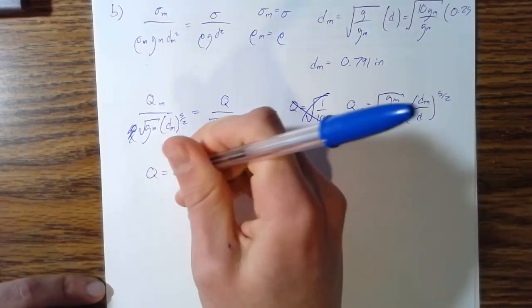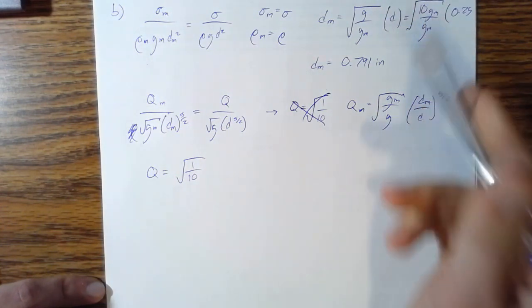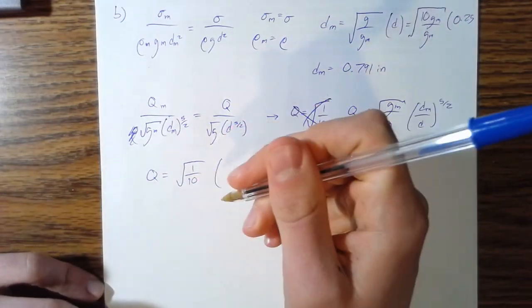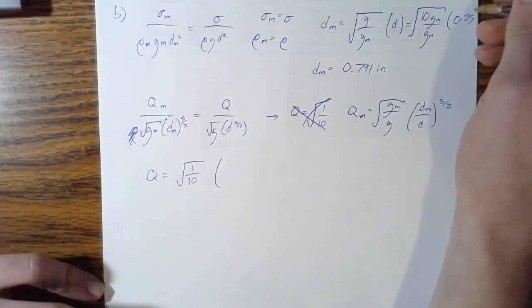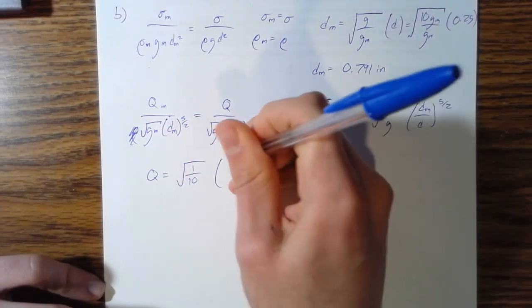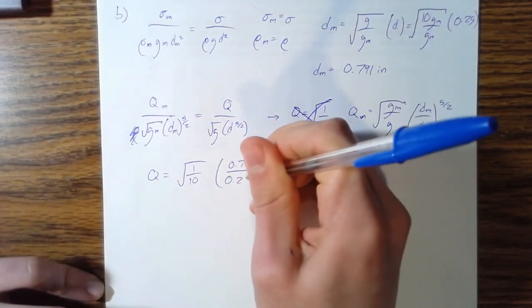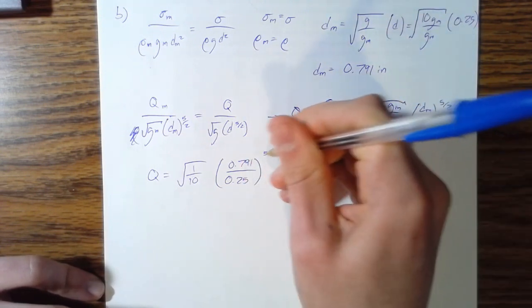So Q is equal to 1 over 10. Same relationship as up here, except flipped, right? Multiplied by the diameter that we solved for up here, 0.791 over 0.25 to the 5 halves.